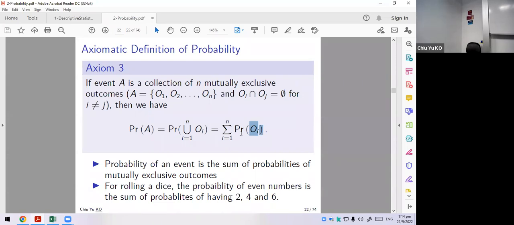So this is the most important axiom. We don't say why it is correct, but we believe this is the right thing. You may ask, this is very natural, so what does this buy us? The key thing is, when n is finite, this is a technical point, it is very natural.